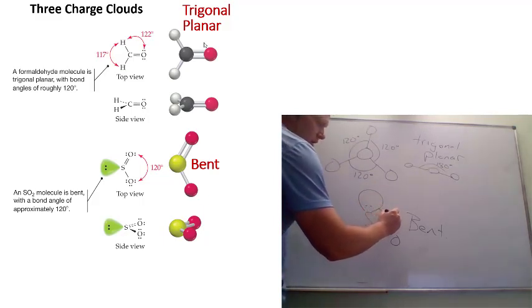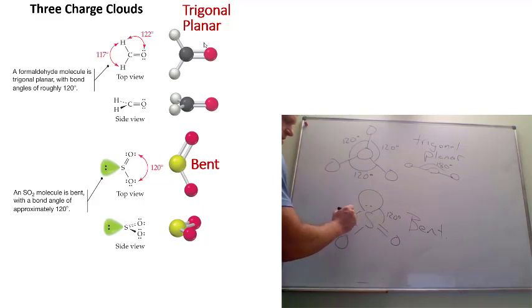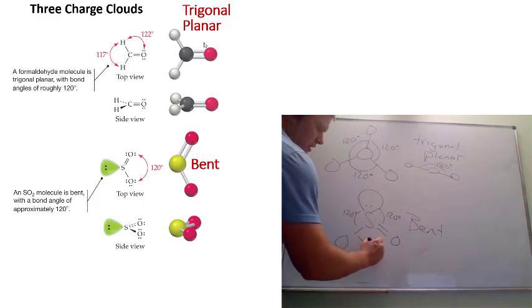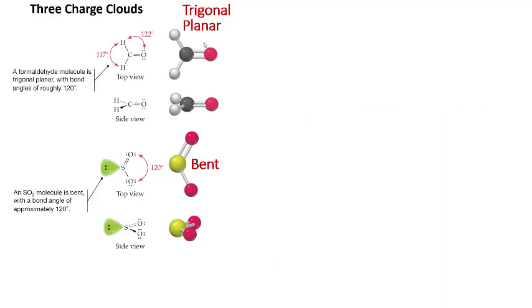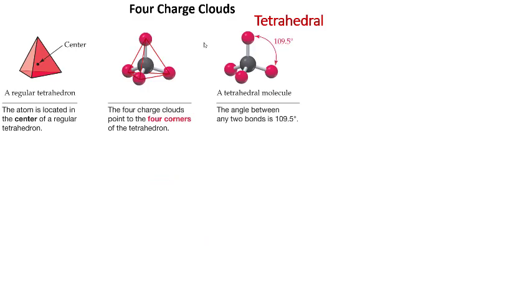So we have 120 degrees here, 120 degrees here, and 120 degrees here. So if we ask you what is the angle between our oxygen, sulfur, and oxygen for this trigonal planar bent species, the answer would be 120 degrees. Okay, so those were the two for the three charged cloud.